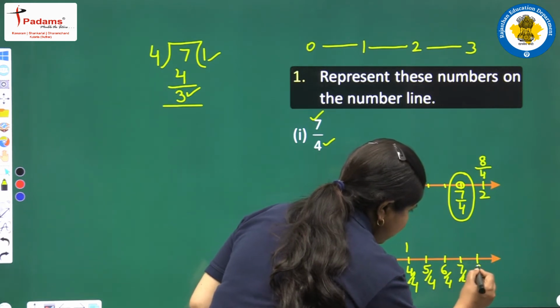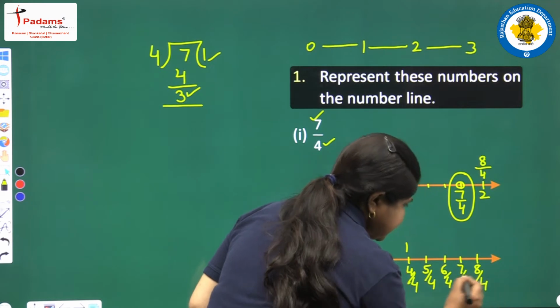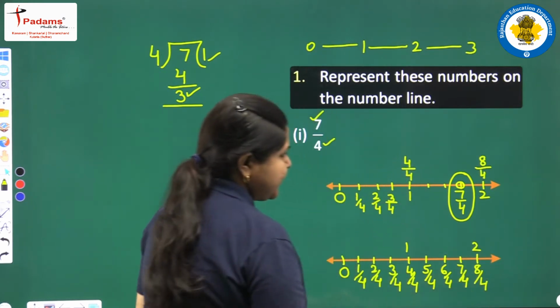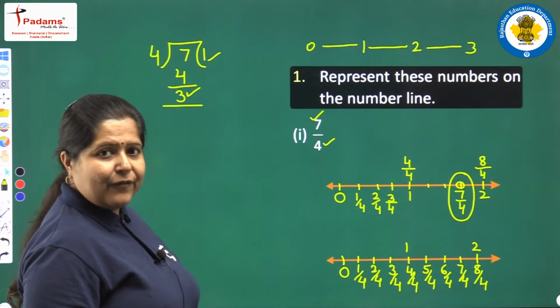Yes, we have got 7 by 4. This is 8 by 4 which is equal to 2. Now we got 7 by 4.